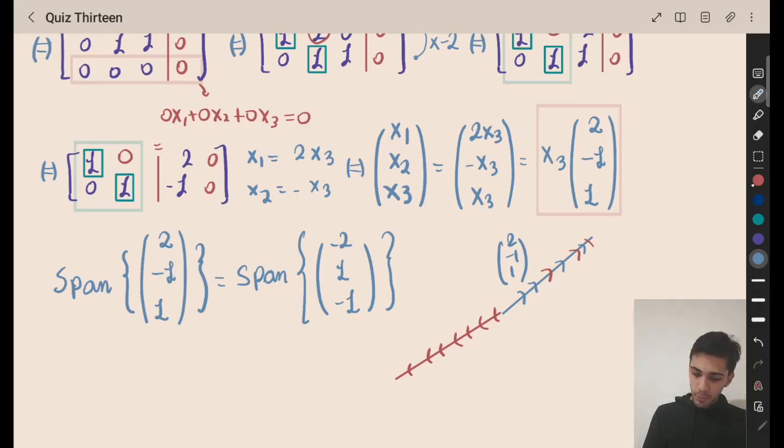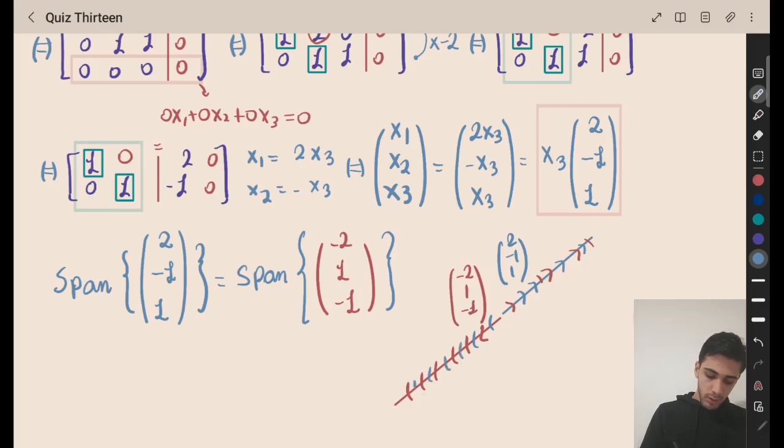Why is this true? Well, let's take a look. First off, I want you to notice that this other vector is just the negative multiple of the blue vector. And I hope you can see now that their span is actually just the same.